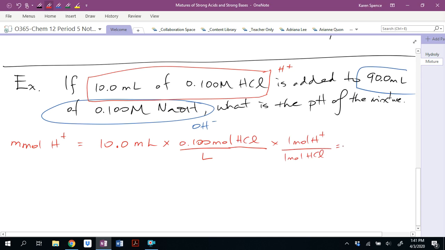Now the math is easier than before and we don't have as many zeros kicking around, because 10 times 0.1 is just 1. So we have 1, and let's watch our units cancel. Moles of HCl cancel out. Liters cancel out, but notice that the milli is still there and the mole is still there. So we have 1.00 millimoles of H plus.